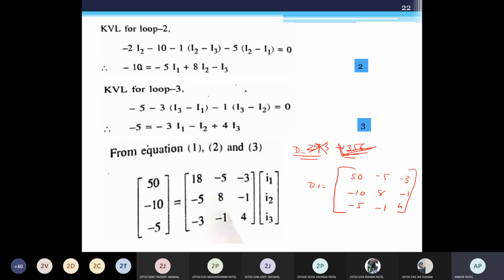Okay. Now tell me D1. What is your D1? According to the majority, the answer is 356. Then we will verify whether the answer is correct or wrong.